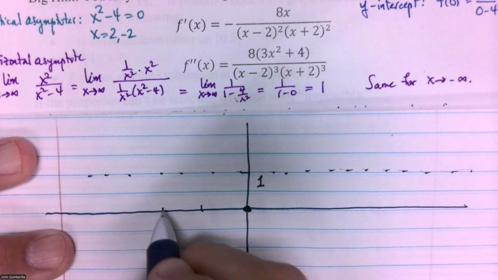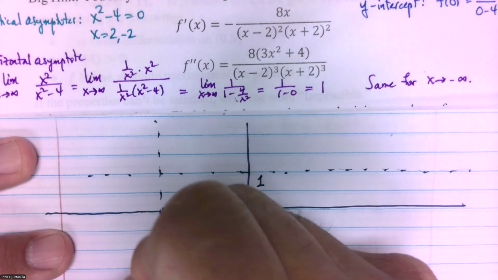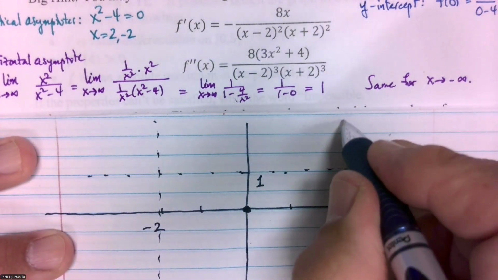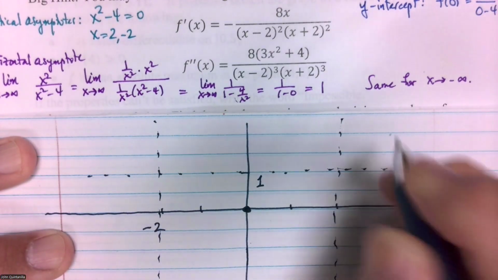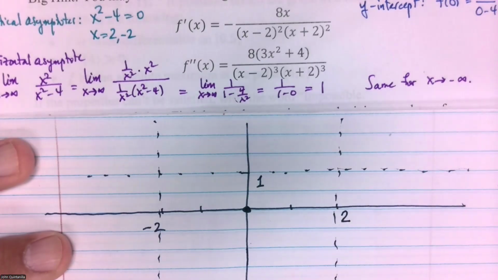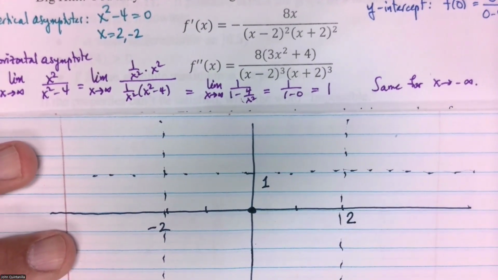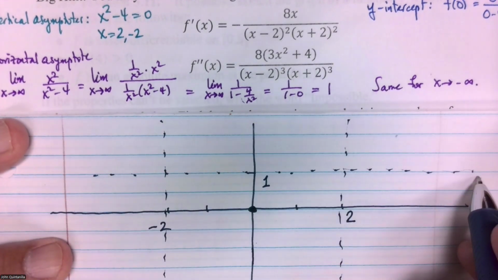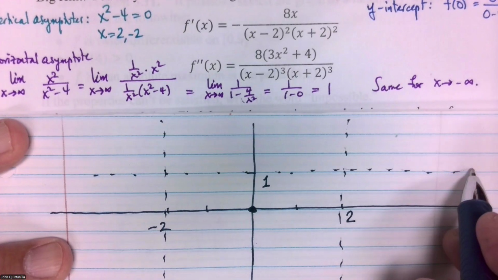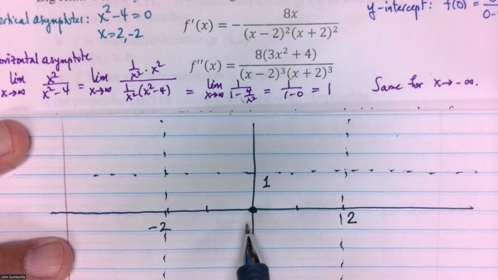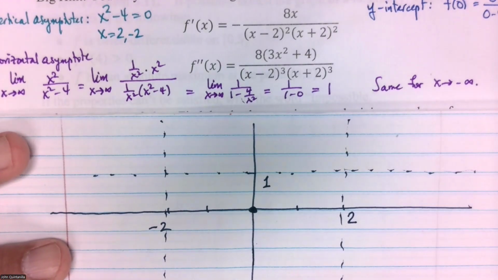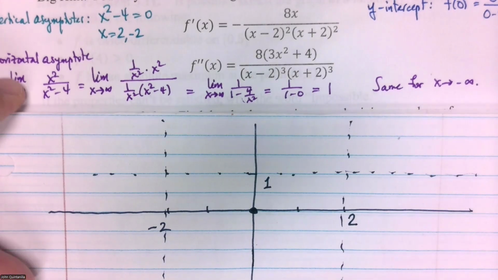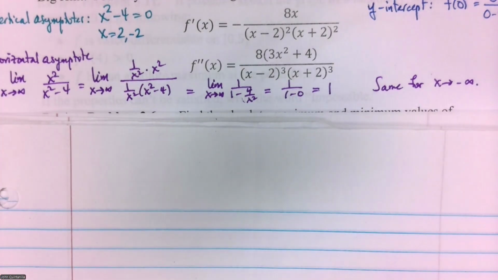I also have a vertical asymptote at negative 2 and another vertical asymptote at positive 2. The horizontal asymptote determines the behavior as x gets large, both large positive and large negative. Right now, I don't quite know the direction in which the vertical asymptotes blow up. Okay, so we continue.